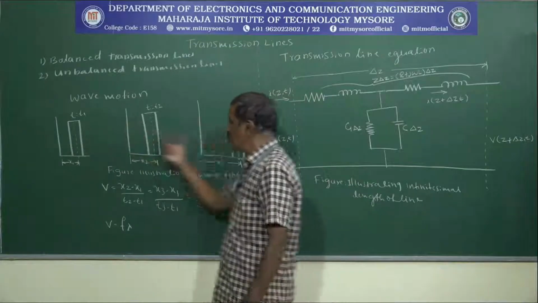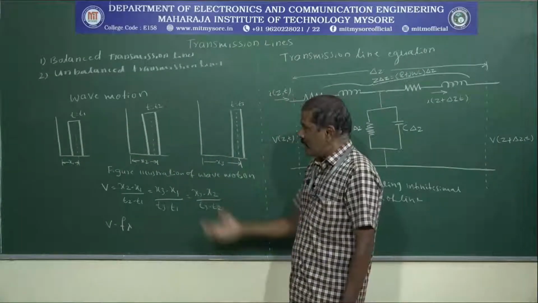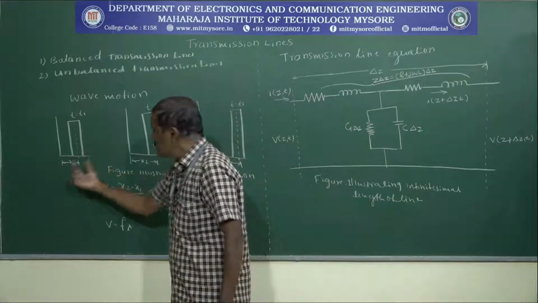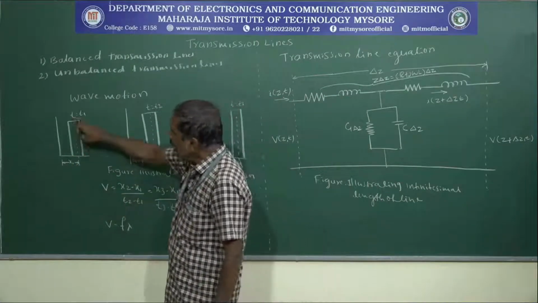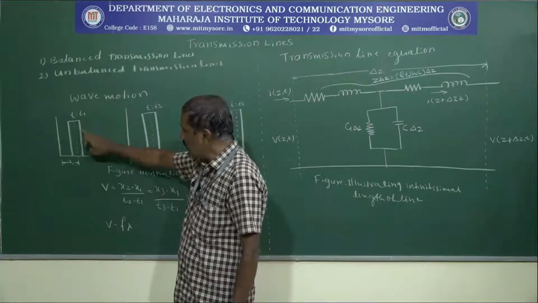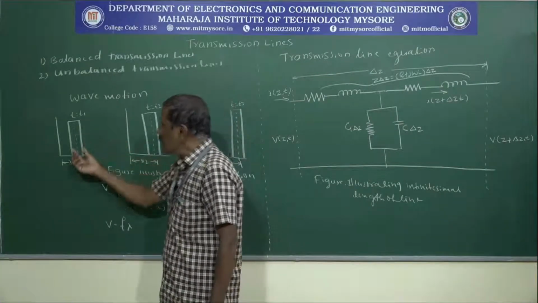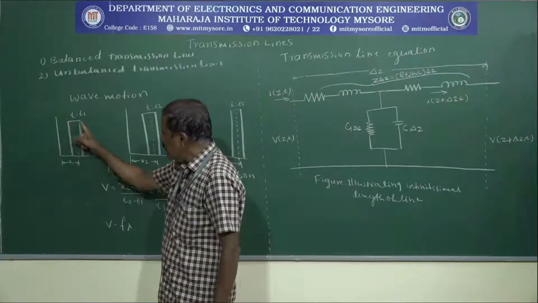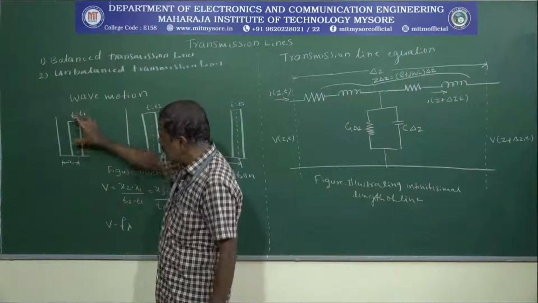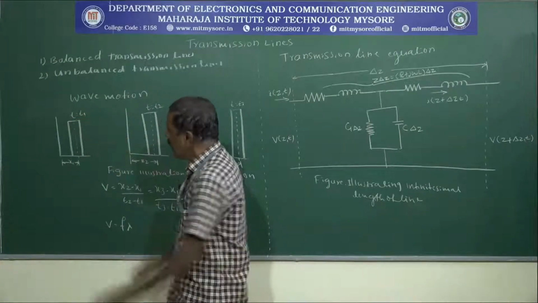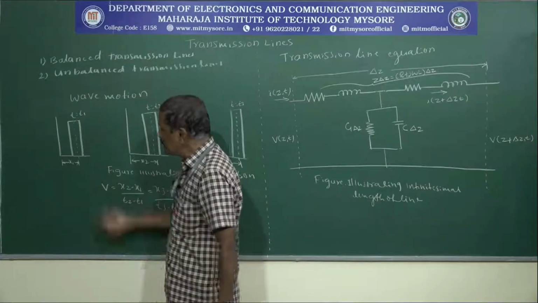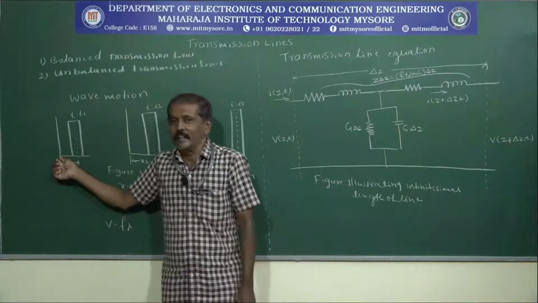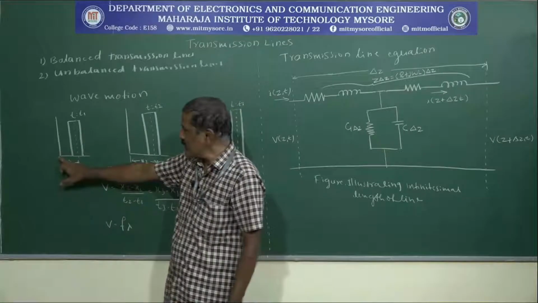Now let us consider this diagram regarding what I have told so far. At the time instant t1, one particular disturbance has been created, and its amplitude is represented like this. This disturbance is measured at a distance x1 from the origin. Generally, we consider the origin here.